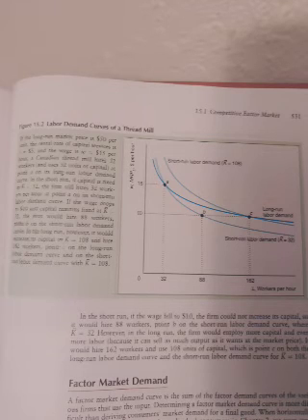Using 32 workers and 32 units of capital is profit maximizing in the long run. So point A is also on the firm's long run demand curve. The short run labor demand curve is steeper than the long run curve at point A.